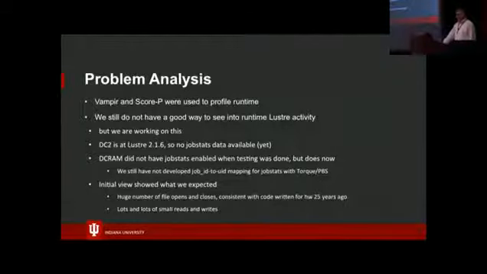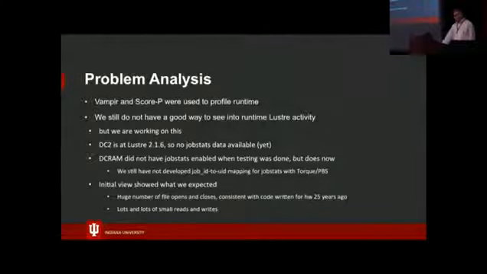The way that we've gone about analyzing the behavior of the code, especially once we got some of the initial optimizations, or what we hoped would be optimizations, edited into the code and compiled and running, was to use Vampir and Score-P to do some profiling.